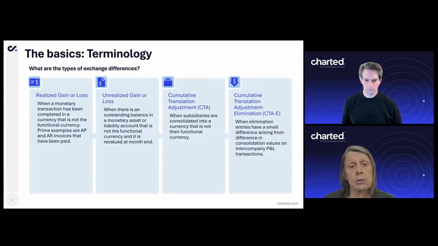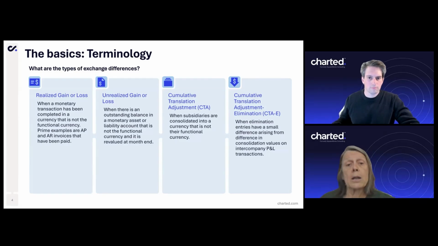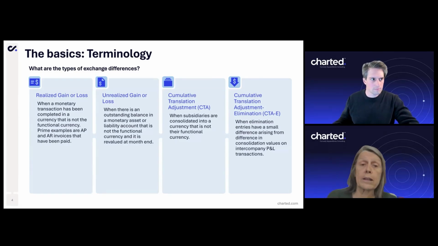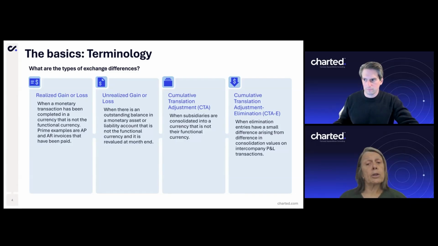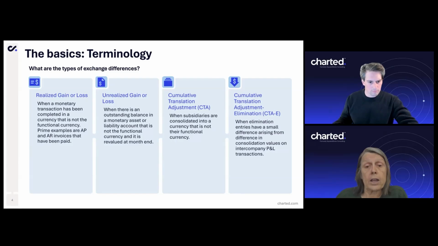So the realized gain or loss is what happens when I actually pay it. The unrealized is what happens at the end of the month when I am expected under ASC 830 to revalue it and calculate the unrealized gain or loss. The other translation types I have are a CTA, cumulative translation adjustment, and a CTAE, an elimination adjustment.